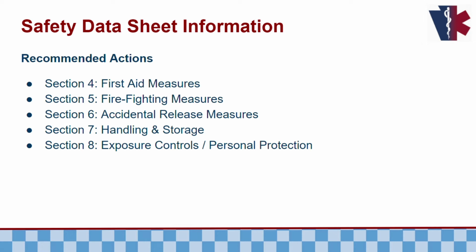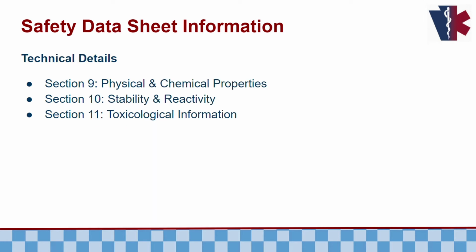Firefighting measures, accidental release cleanup measures, handling and storage requirements, and exposure control and personal protective equipment for routine use of the product. The technical details section includes physical and chemical property information, stability and reactivity data, and toxicological information.